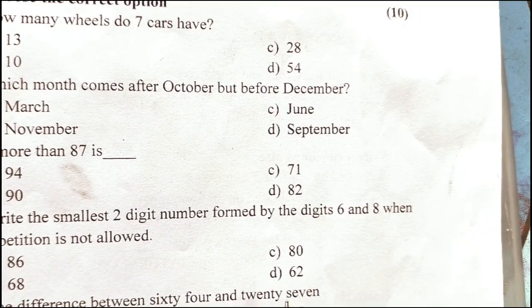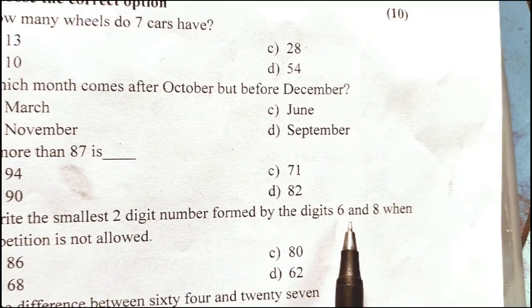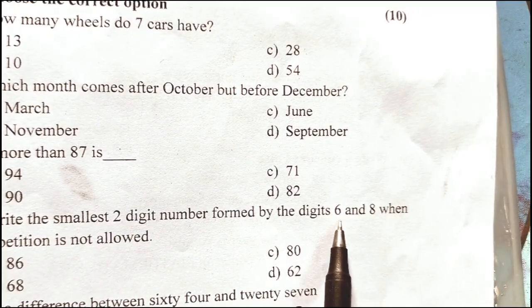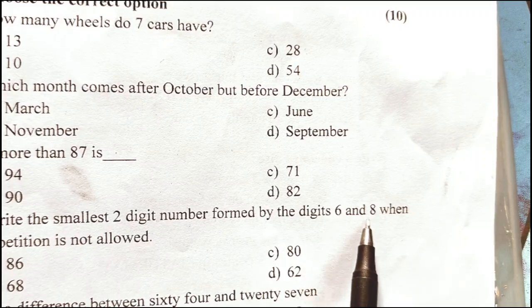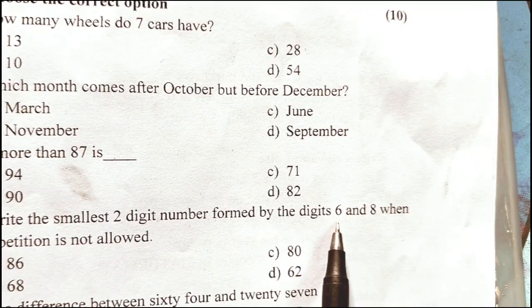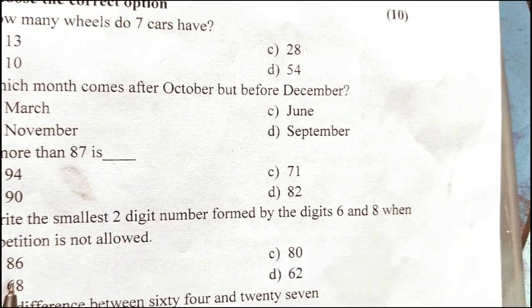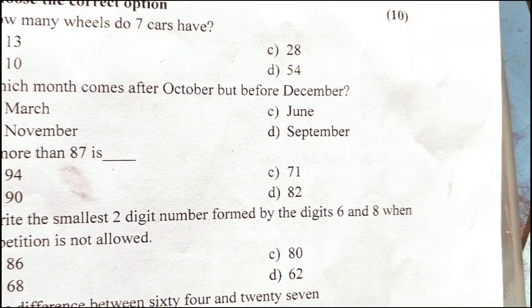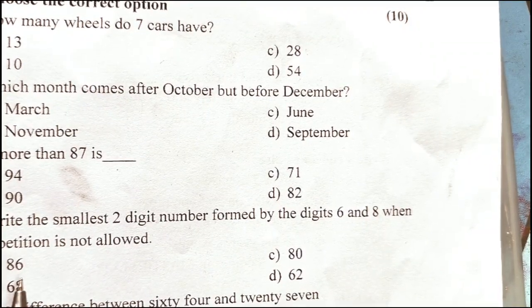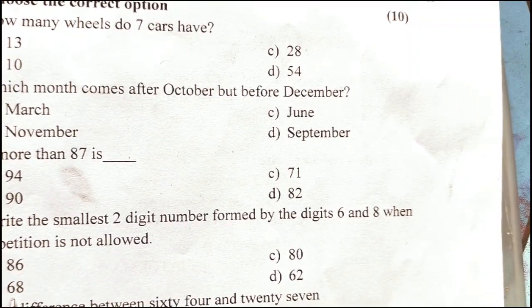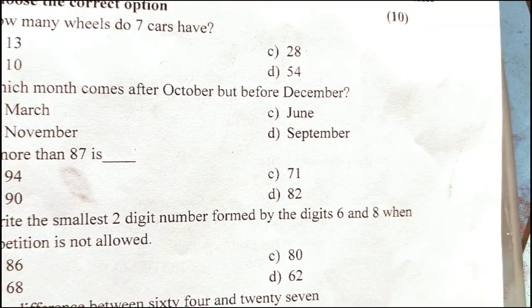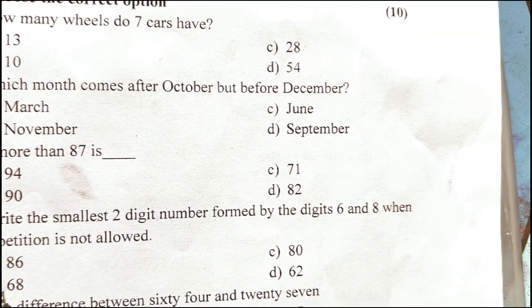Now we can form the 2-digit numbers 68 and 86. These are the two numbers that can be made by 6 and 8. Now the smallest number is not 86. Here 68 is the smallest number. Okay, so the right answer will be B, 68.